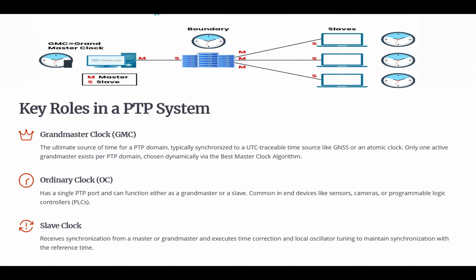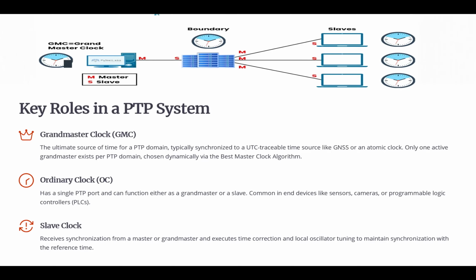Now, another important and main role in the PTP system is the slave clock. You can imagine what the role of the slave clock is: it receives the time from the master or grandmaster, so it can adjust its internal time to match the grandmaster. Slave clocks are the clients in our system.